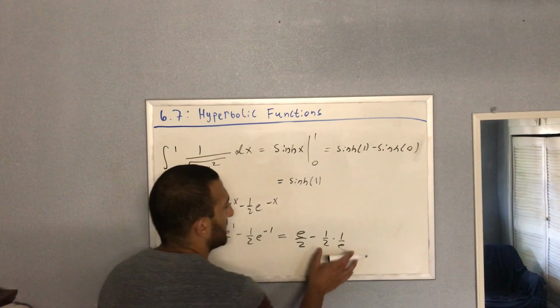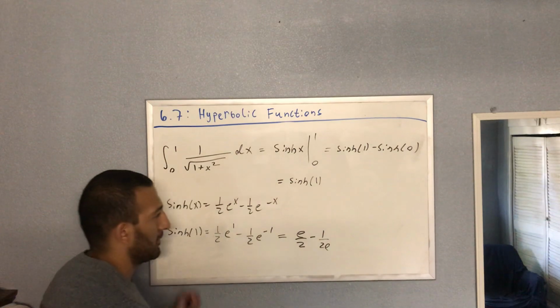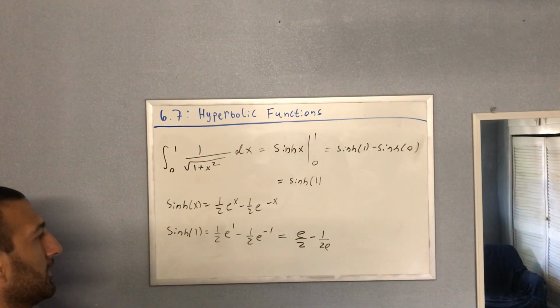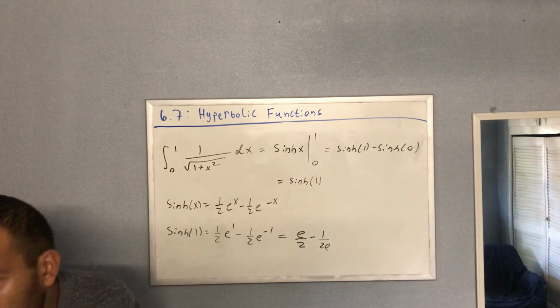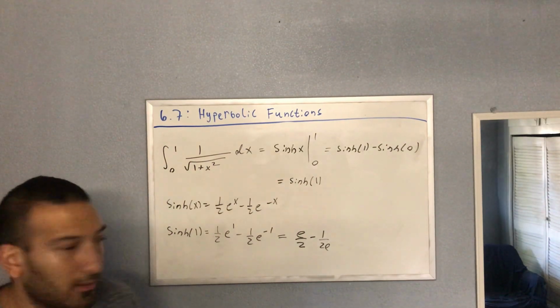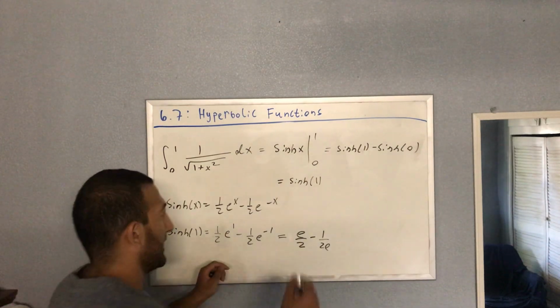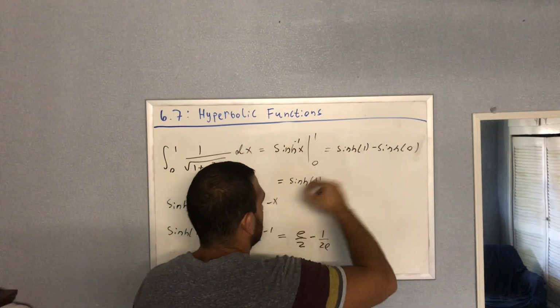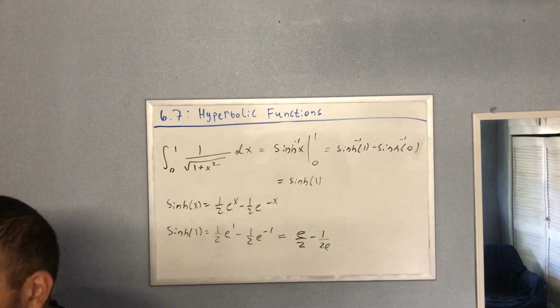And so this combines to 1 over 2e. So you can leave it like that. I'm wondering, oh, and I see something that I'm doing wrong, is I have sine h the whole time. This should be sine h inverse. I'm so sorry. It should be sine h inverse.